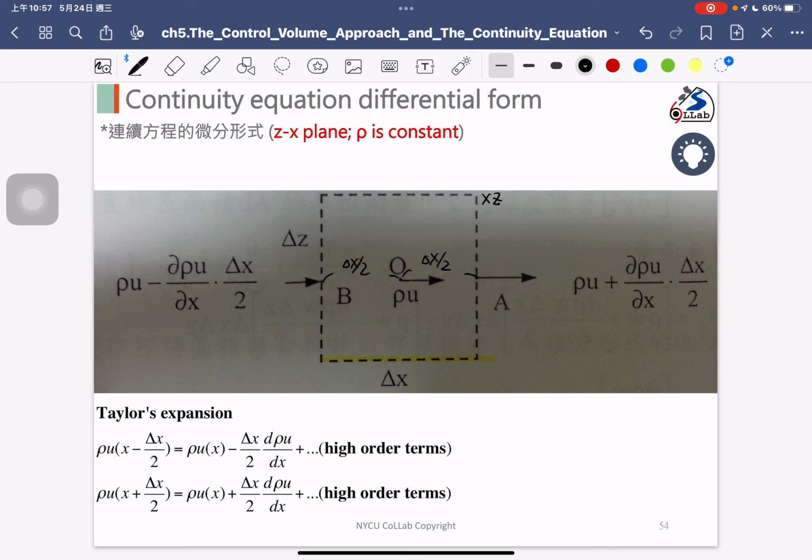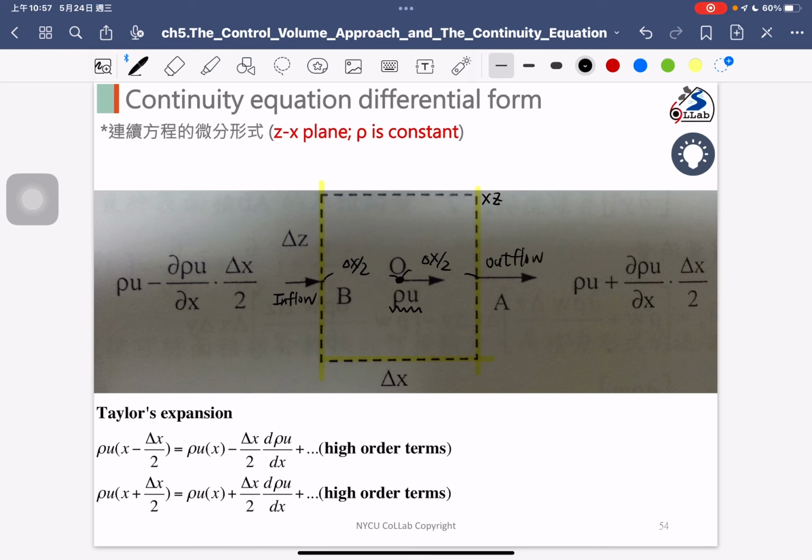At the center point, I assume the velocity multiplied by density is rho u here. We have two cross-section control surfaces here, so there is my inflow and there is the outflow.